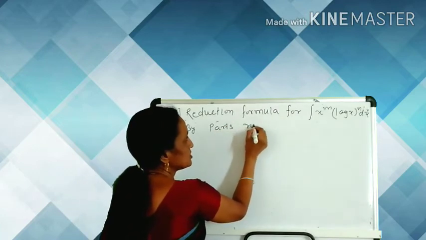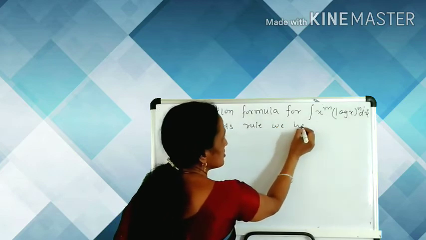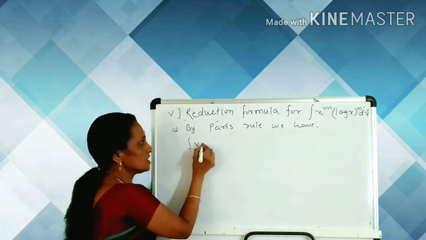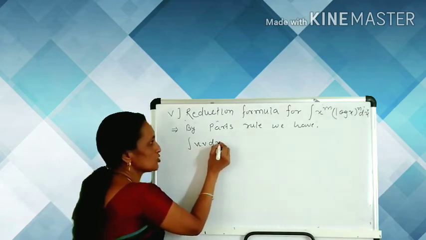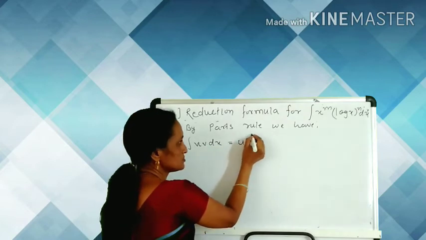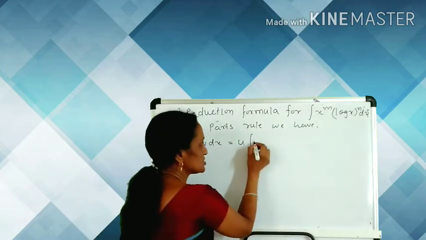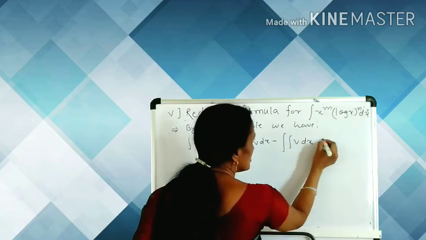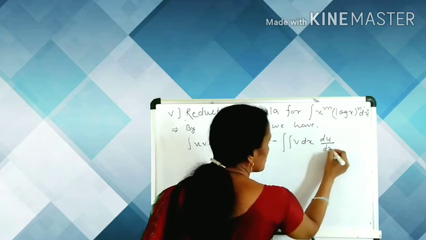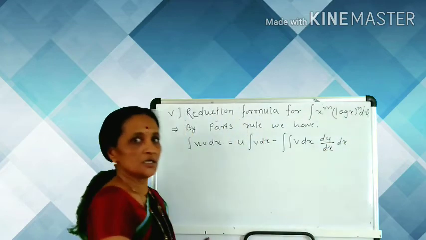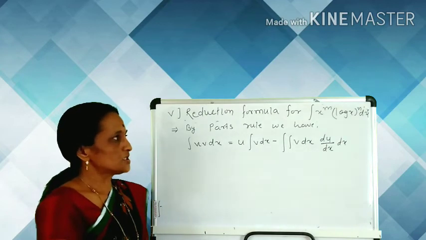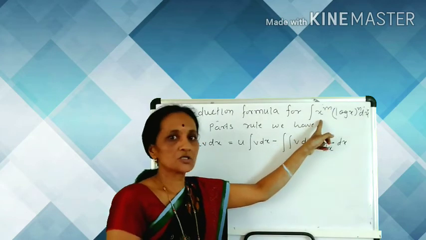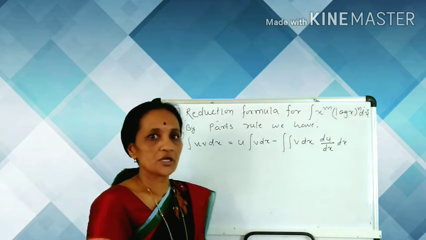By parts rule we have: integration of u multiplied by v dx is equal to the first function times the integration of the second, minus the integration of the second multiplied by the derivative of the first function, multiplied by dx. Now, in this case x raised to the m is the algebraic function and the other is the logarithmic function.